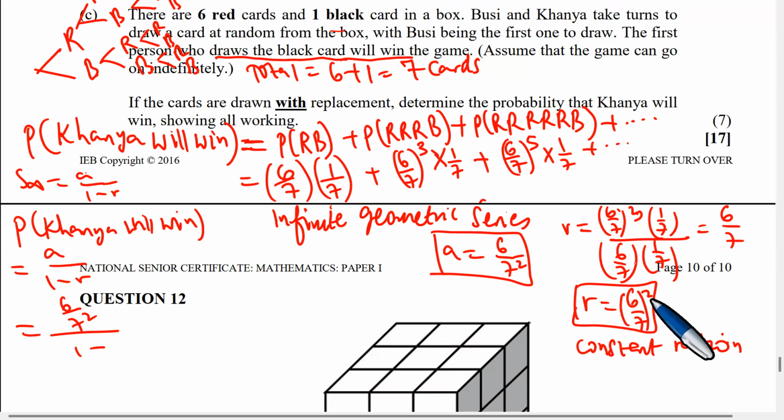If you divide the cubed, this one is going to become squared. So this one is the constant ratio, which is 6 over 7 squared. So you divide everything, which is 6 out of 13.